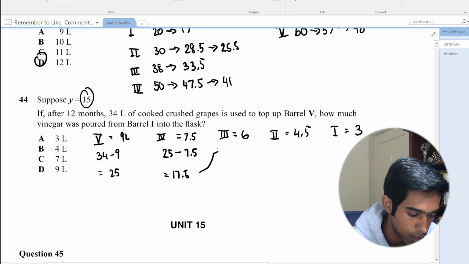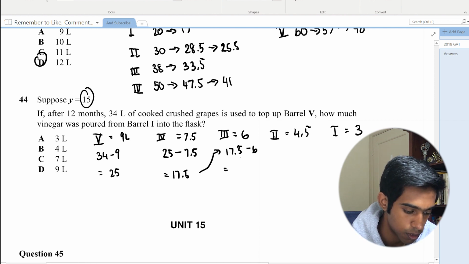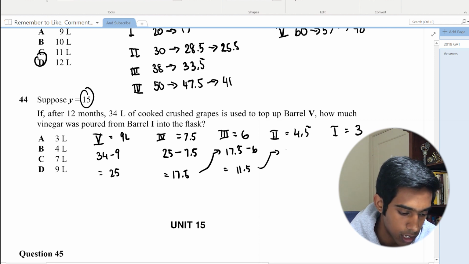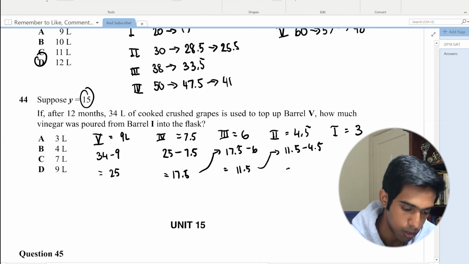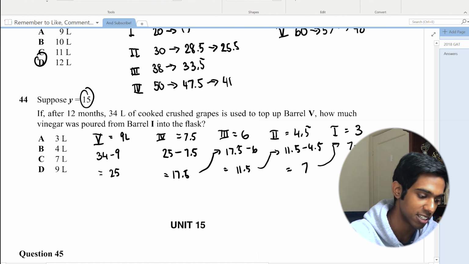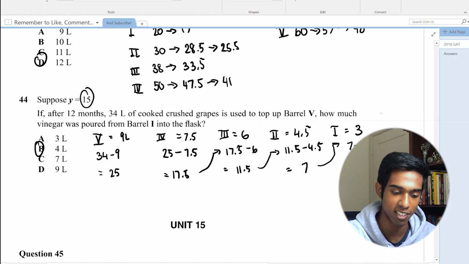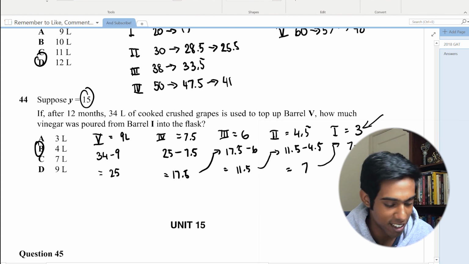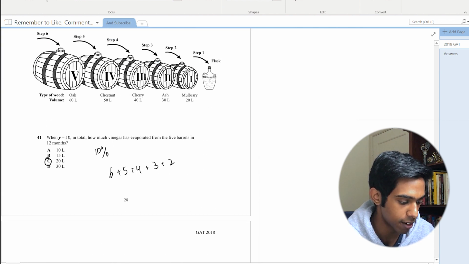Then 17.5 minus 6 is equal to 11.5. 11.5 minus 4.5 equals 7. Then 7 minus 3 equals 4. So I actually did pretty much get the answer before, I just made this wrong. That's pretty ironic.